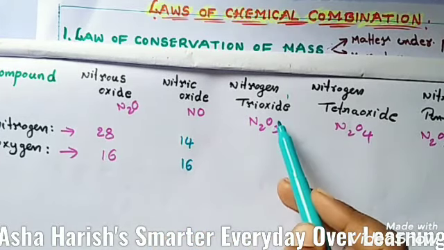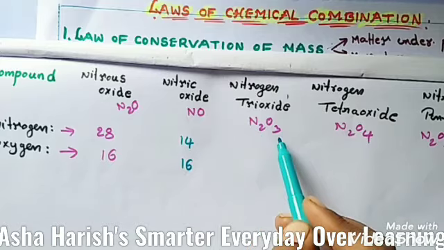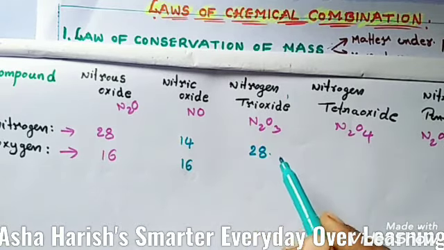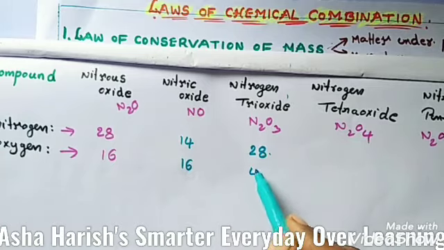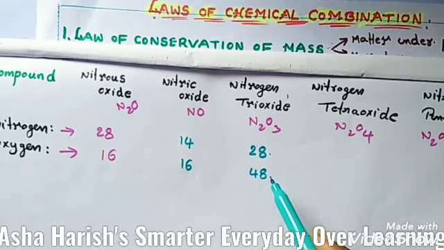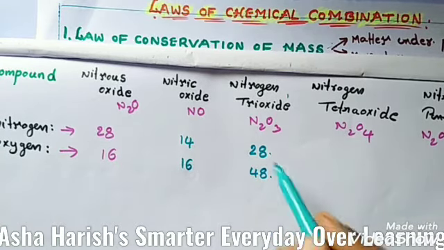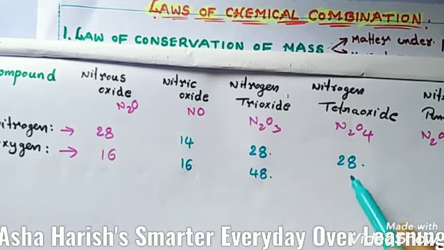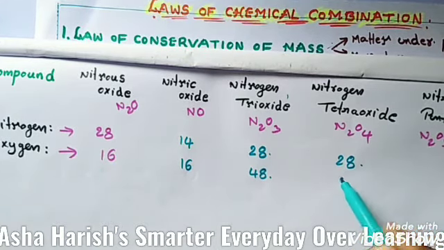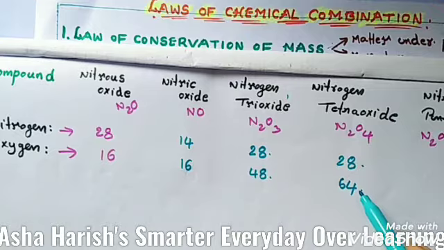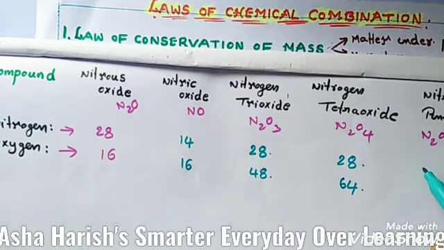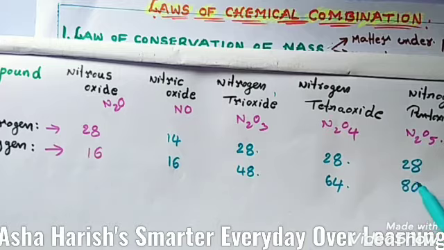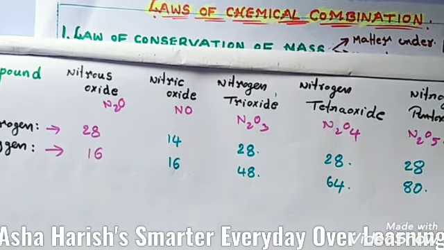In nitrogen trioxide, two nitrogen atoms and three oxygen atoms, nitrogen is 28 by mass and oxygen 48. In nitrogen tetroxide, N2O4, also two nitrogen atoms, so 28, and four oxygen atoms, so 64 by mass. In nitrogen pentoxide, the same 28, and O5 means 80 parts by mass.